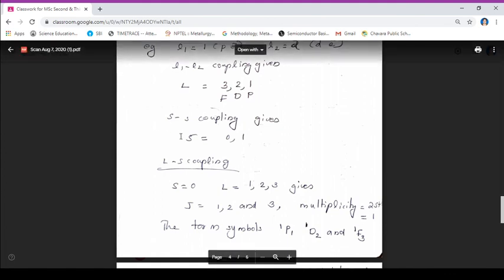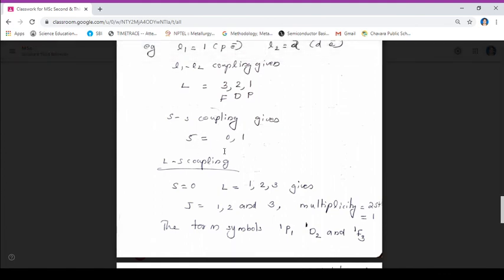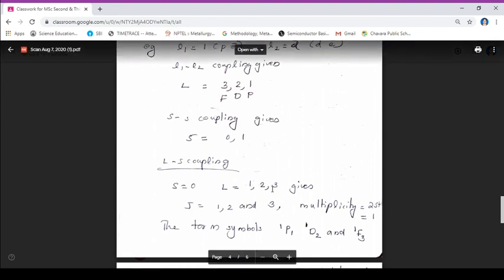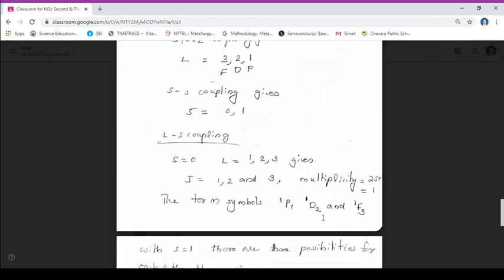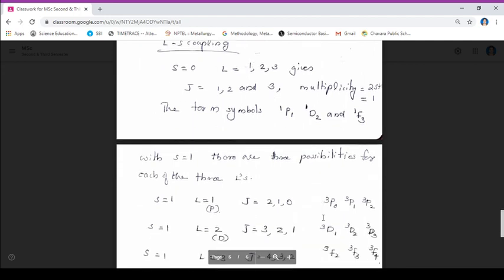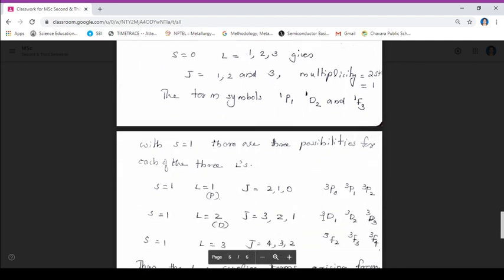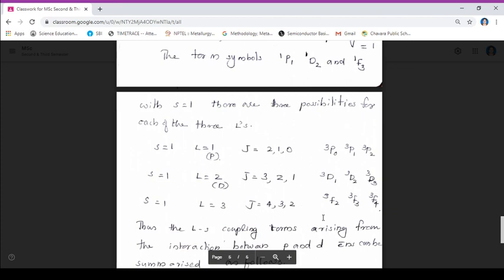Now what is left out is, we have to find out for S is equal to 1 the possible values of J. So S is equal to 1, there are 3 possibilities for each of the 3 L's. That means S is equal to 1, L equal to 1, then L plus S, L, L minus S values are possible.